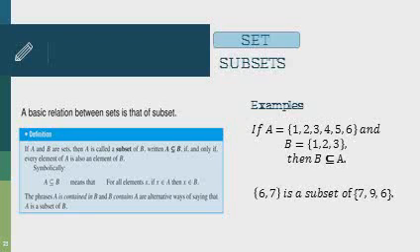We can form many subsets from our original set. The null set is also a subset of a particular set.